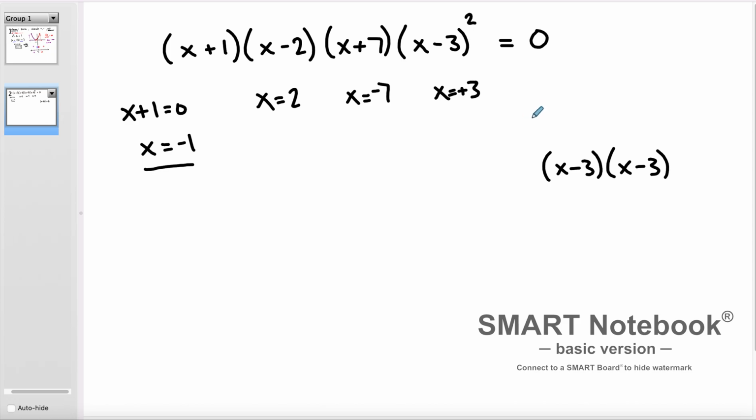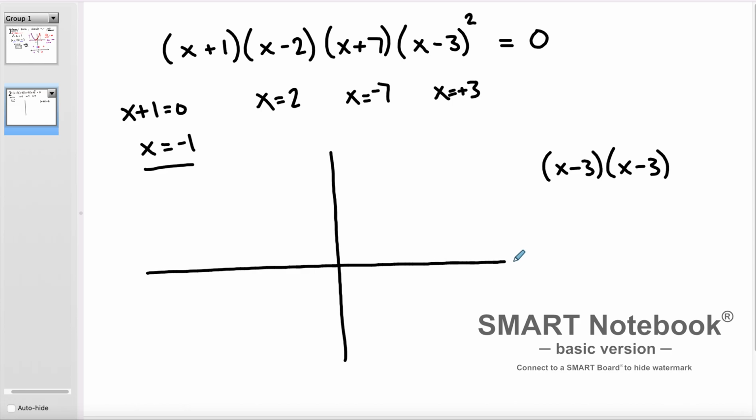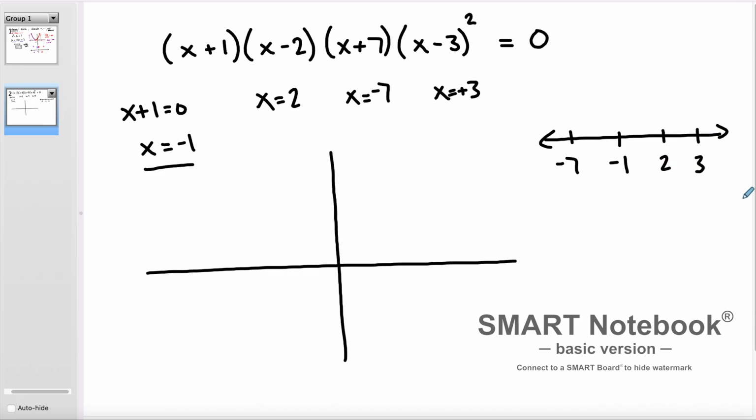It's not going to go through the x-axis. It's just going to kiss, kind of rebound off the x-axis, okay? And so, well, here we go. We have the zeros. We know that this polynomial function, this graph, is going to cross the x-axis at points x equals -7, -1, 2, and 3, right?